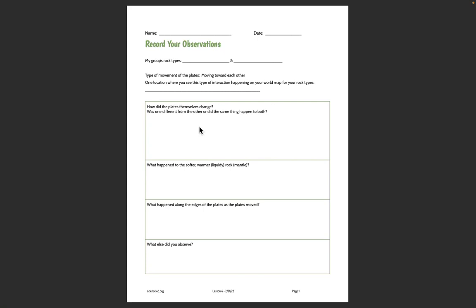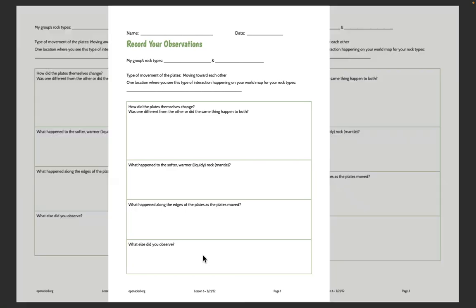You want to document that there. I'm going to be doing these about 5 times for each one, because different things happen each time, sometimes. So if different things happen, document that here. Also, we're going to look at what happens to the water, which is representing the mantle here. Also, we're looking at what happened along the edges as the plates moved, and anything else that we might see.